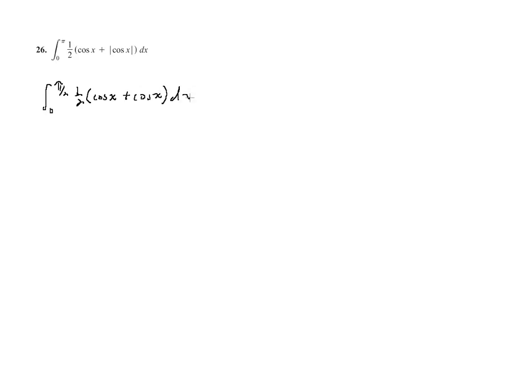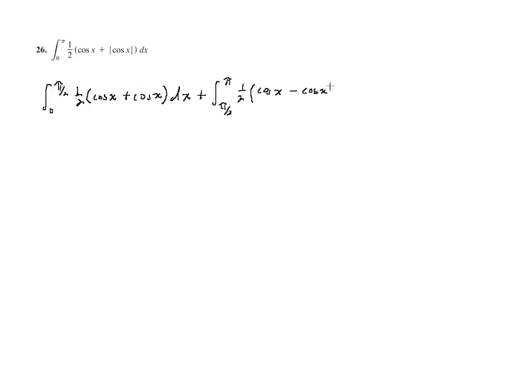And then we're going to add it to the definite integral from pi over 2 to pi of 1/2 times the cosine of x. And then the cosine of x, the cosine is negative from pi over 2 to pi, so in order to drop that absolute value sign, I have to subtract the cosine of x.